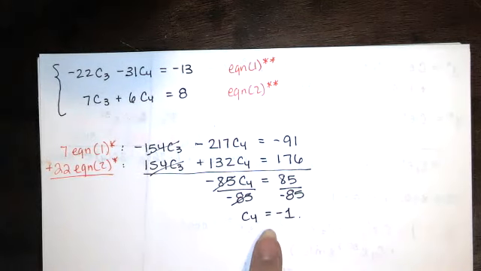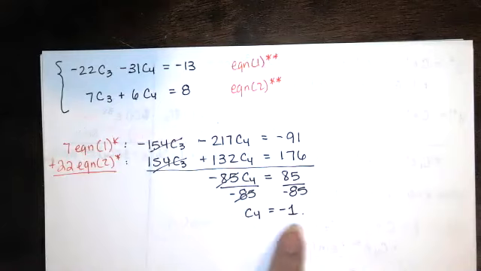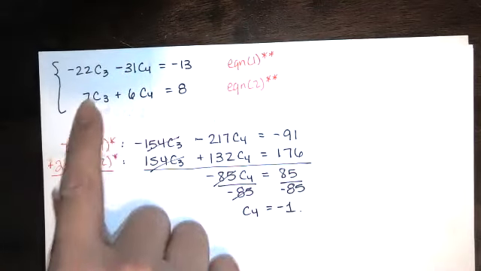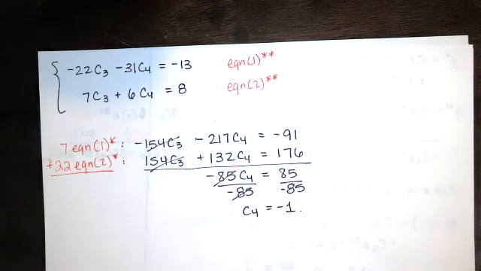So I have C4 equals negative 1. I can substitute C4 equals negative 1 into this one or this one and solve for C3. I will use equation 2 double star to solve for C3 now.